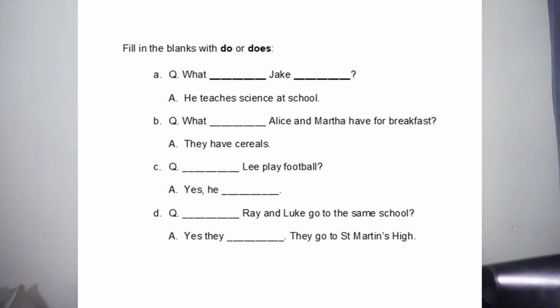It says, what blank Jake blank. So obviously the question will be, what does Jake do? So you write does after what and do after Jake in the second blank. All right? Finish the whole thing. I'll give you 60 seconds starting now.